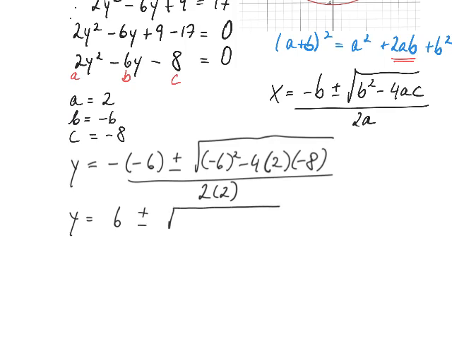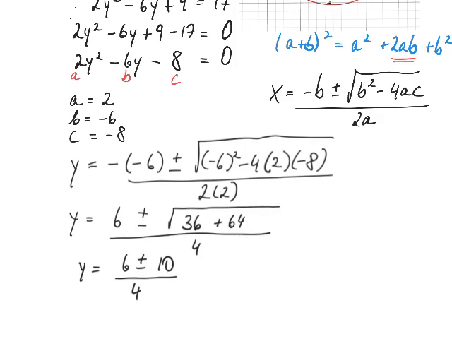You can put that in the calculator, but I will just solve it like this. That would be 36 plus 4 times 16, which is 64, divided by 4. So y equals 6 plus or minus the root of 36 plus 64, which is 100. The root of that is 10, over 4. Now we can calculate this.